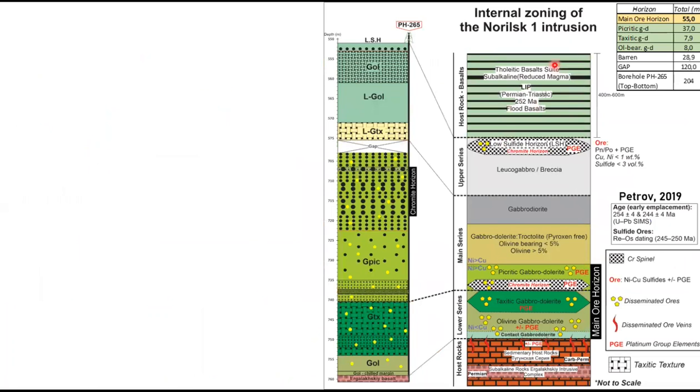So now let's take a look. This is the Norilsk 1 generalized layering, and this is the actual internal zoning of well PH 265, comprising from the bottom the basalt host rock and the main ore horizon units, which correspond to the study interval.